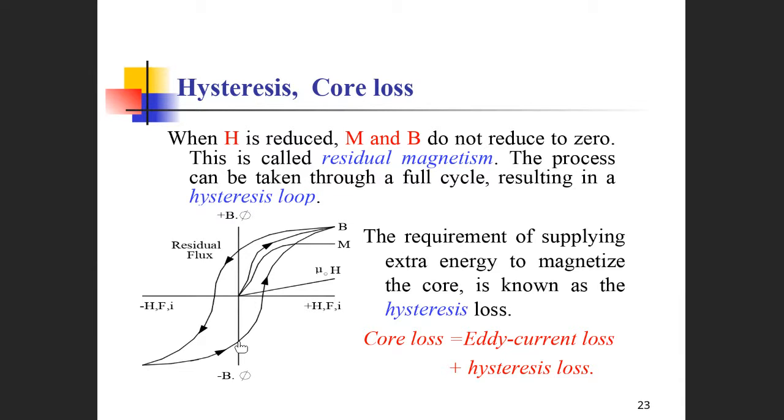When the current goes to zero, the magnetic field in the opposite direction remains non-zero. So there is a magnetic field in the opposite direction inside the core material. And when you increase the current in the opposite direction, the magnetic field finally gets to zero.